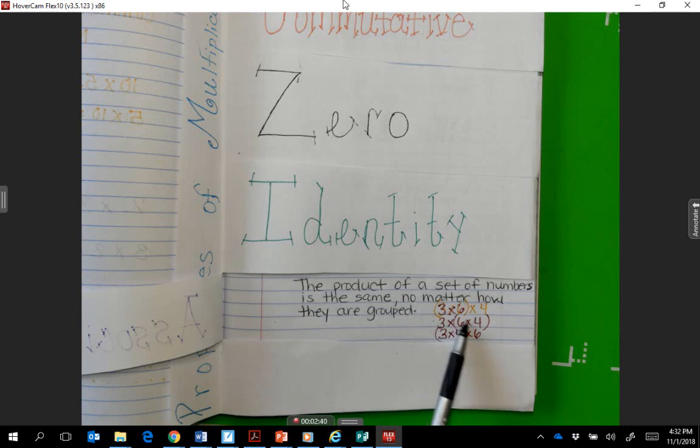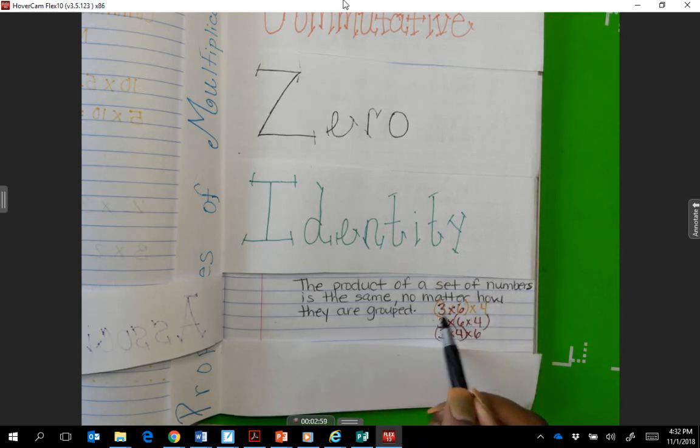Or I can do 3 times 6 times 4 and group 6 times 4 first and then multiply that by 3. Or I can just rearrange my numbers around, like in the commutative property. I can do 3 times 4 first and then multiply that by 6.